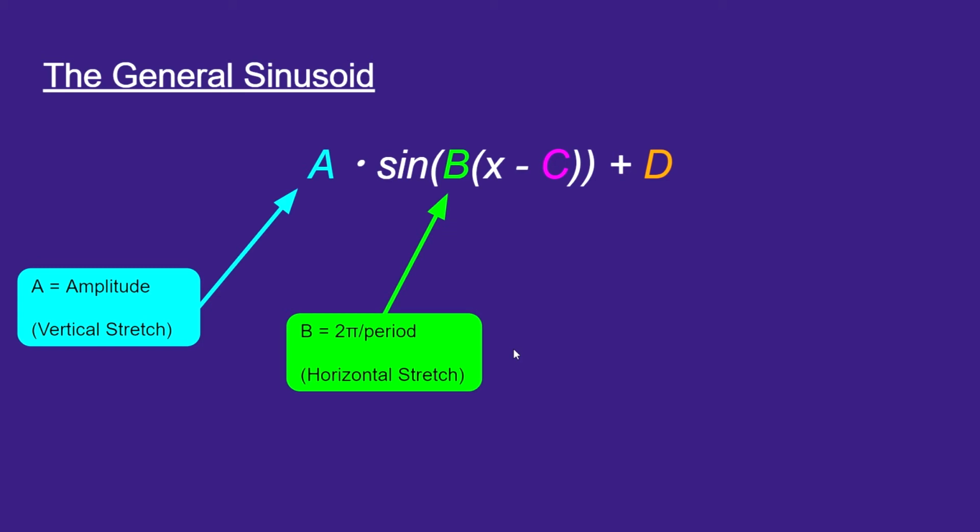So b here represents a horizontal stretch, the function being made wider. And I hope that makes sense because we're thinking about period. The period is a measurement of the horizontal distance that our periodic function travels before it repeats itself.